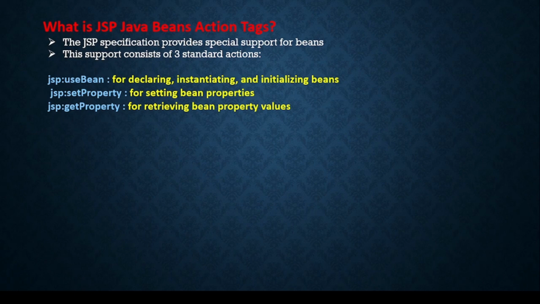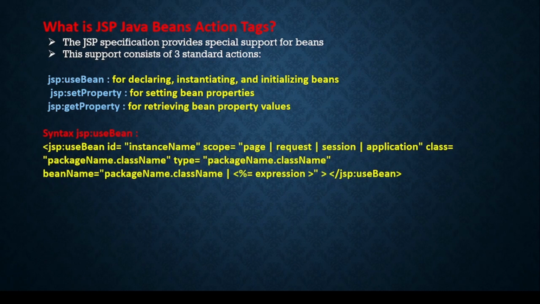I will tell you the syntax for each one, and then I will give the example, so we'll see how to work with the Java bean action tags. The syntax for jsp:useBean: jsp:useBean id. The id means an instance name, the reference, like Employee emp = new Employee, where emp is the instance name.